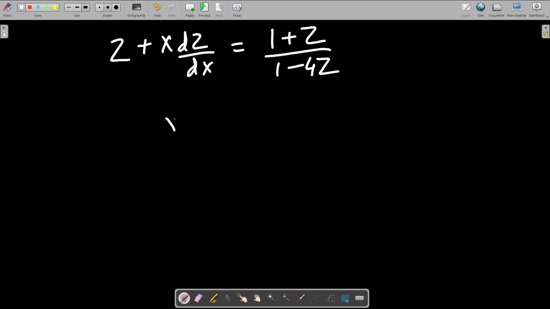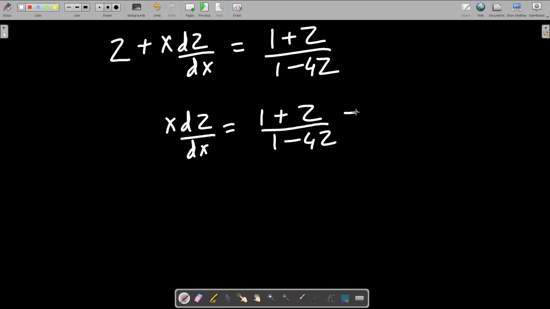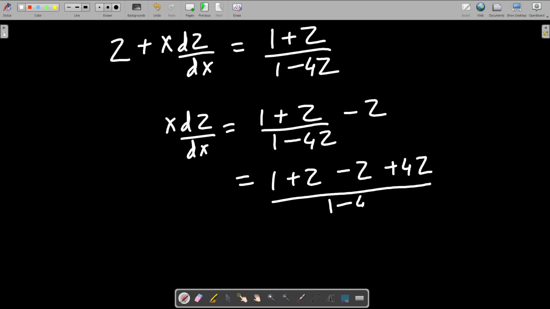So x dz by dx equals 1 plus z upon 1 minus 4z minus z. So this will become 1 plus z minus z plus 4z square upon 1 minus 4z.